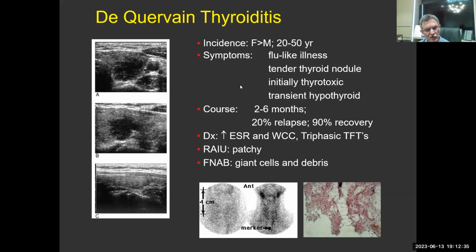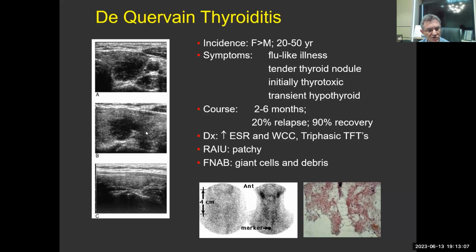So again, you've got to be aware of this diagnosis, tenderness over the thyroid, a very high ESR with leukocytosis. I mentioned the triphasic TFTs, and the way you make that diagnosis is either an ultrasound to look at these necrotic changes. If you biopsy them, you see this granulomatous thyroiditis, or the other way is to do a radionuclear iodine scan or technetium thyroid scan, and you can see what happens in these individuals.